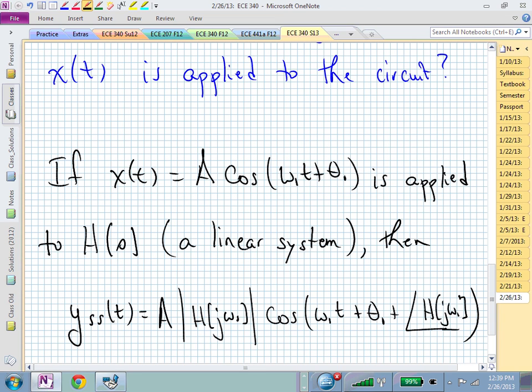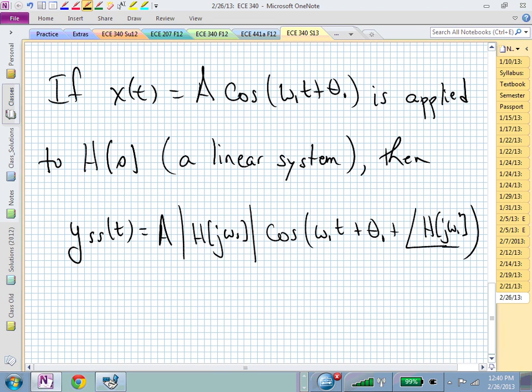And that particular system then may adjust the time location of the output relative to the input waveform, and that's incorporated by this phase shift, or what's the angle of this complex number H when s is replaced with j omega 1. And you might be visualizing this complex s-plane and where this particular point omega 1 is on the j omega axis if you wanted to do it graphically.